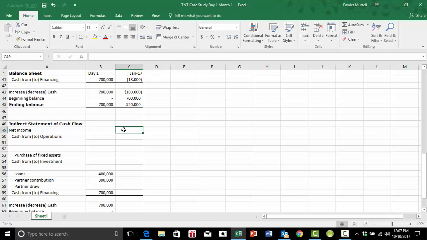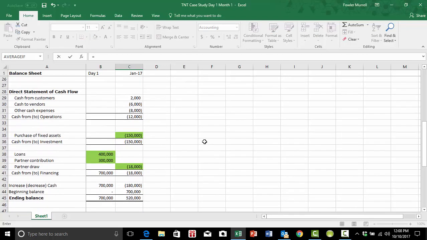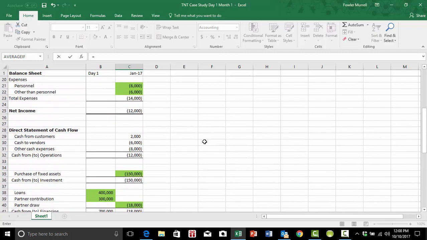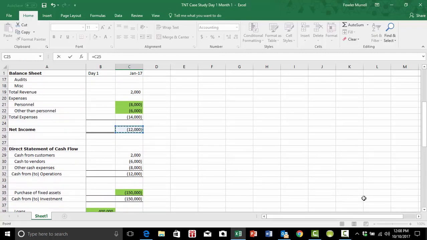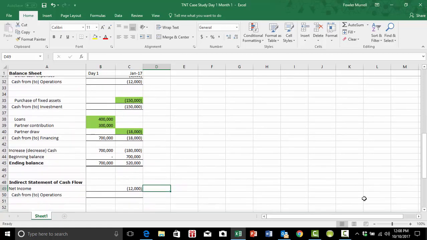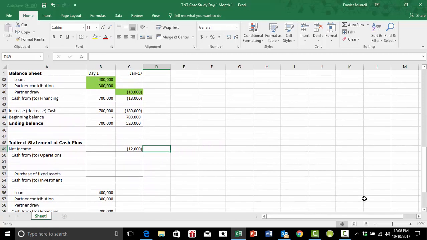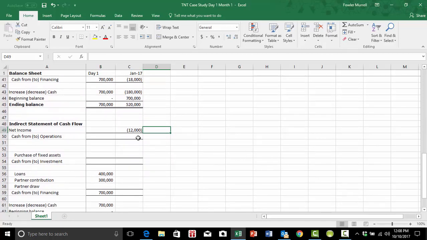Now, net income. In the indirect statement of cash flow, cash from operations is equal to, first line is net income. So you have to link this to net income, minus 12,000. Total cash from operations is equal to 12,000.